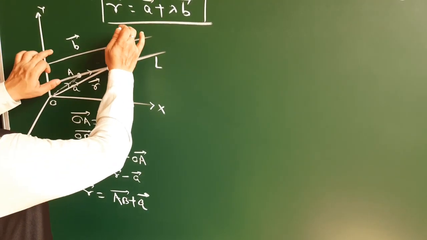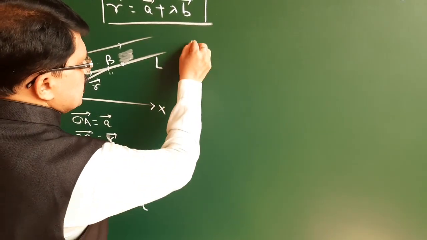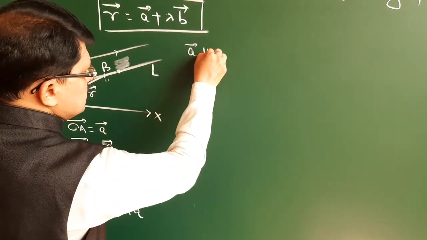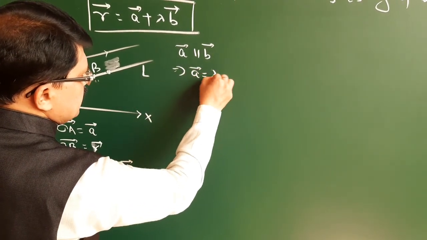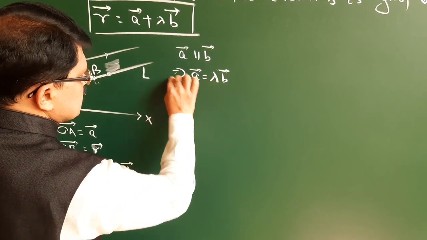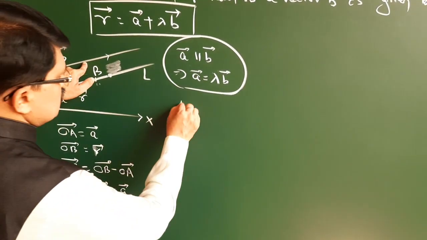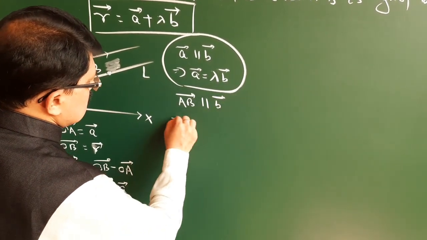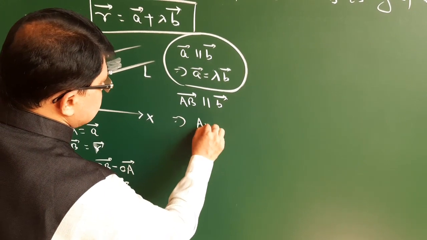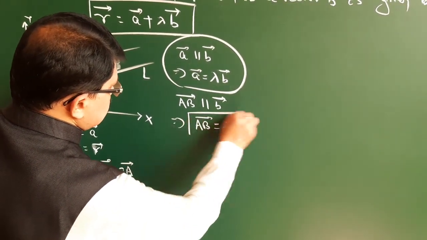As this is parallel to this vector, if two vectors are parallel, what is the condition? If any vector a is parallel to b vector, this implies a vector is equal to any arbitrary constant into b vector. Yes or no? Like that, here AB vector is parallel to b vector, so AB vector is equal to a constant into b vector.